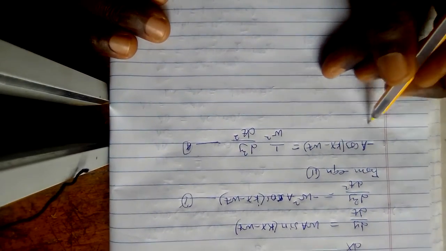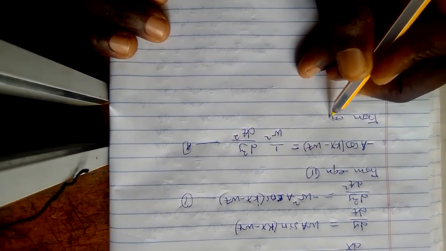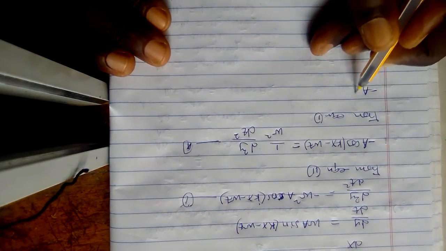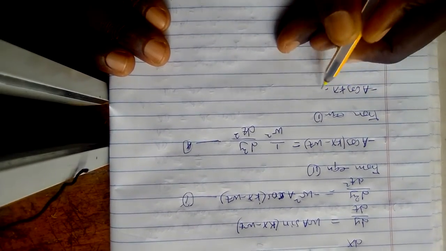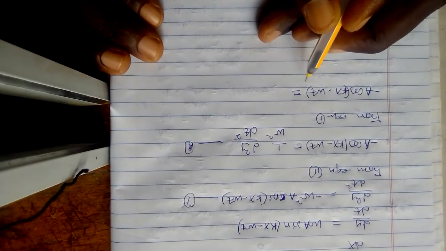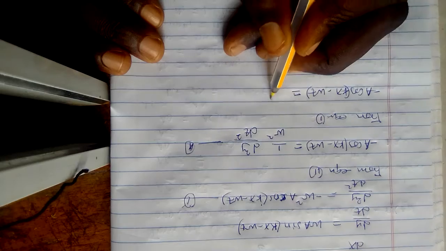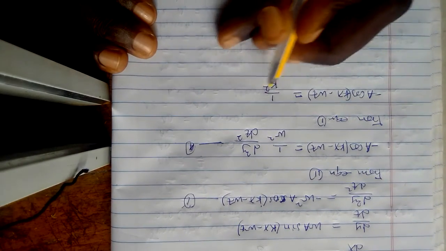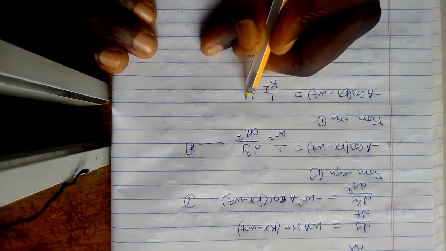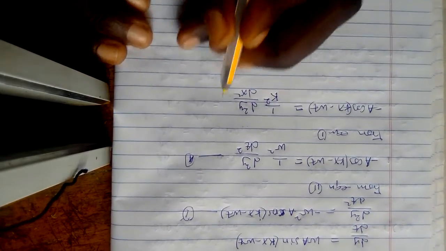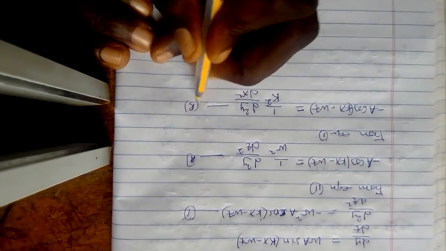Also from equation 1, we shall have negative a cos(kx minus omega t) is equal to 1 over k squared d squared y/dx squared. You can say this is equation b.